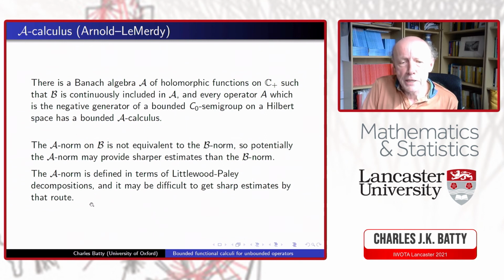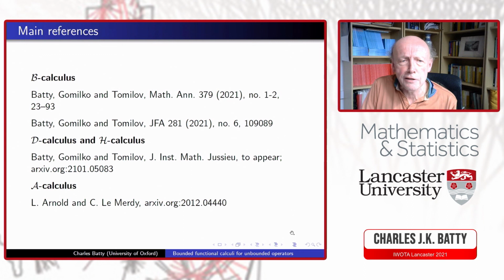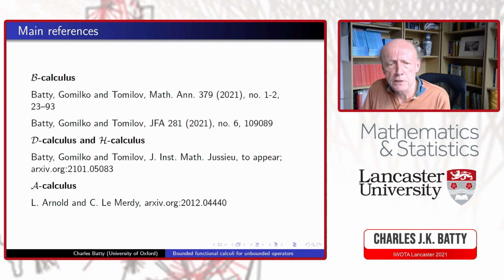So it's not clear to me whether or not this will lead to some improvement in the results I've described. And I end finally just by mentioning the location of the main references. Three papers by myself, Milko, and Tomilov, two officially published and one officially accepted, and a paper by Arnold and Le Merdy, which you can find on arXiv. And so at this point, I stop here. Thank you.